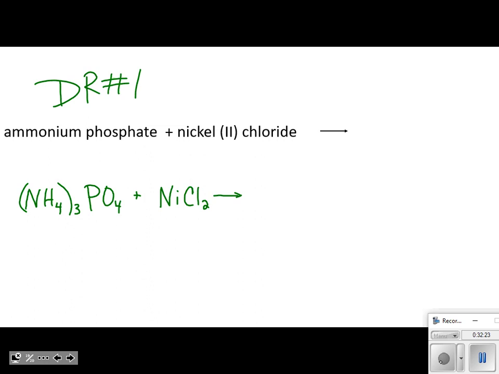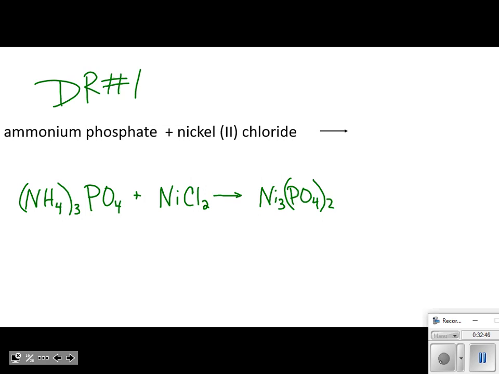Now, my rule says to swap the cations. So nickel 2 phosphate is going to look as so. Nickel is a 2 plus, phosphate's a 3 minus.